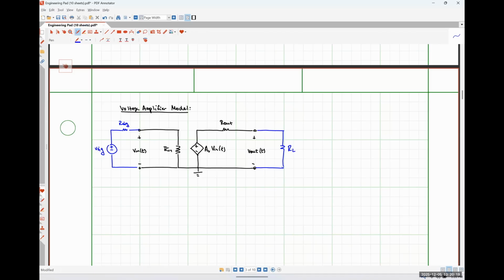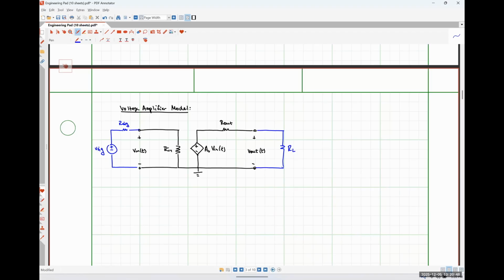Is that low and high relative to? The input signal resistance and the output load resistance. So we are going to talk about, I don't want to say impedance matching because that has a very specific meaning, but we're going to work some examples where we're going to have multiple amplifiers that we need to cascade together in order to hit a specific design criteria.